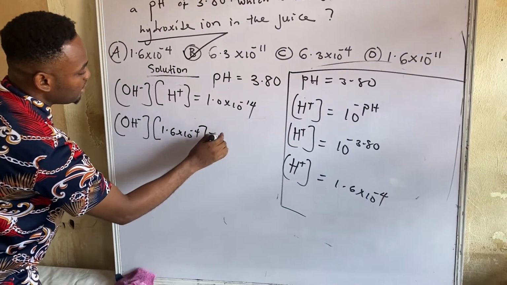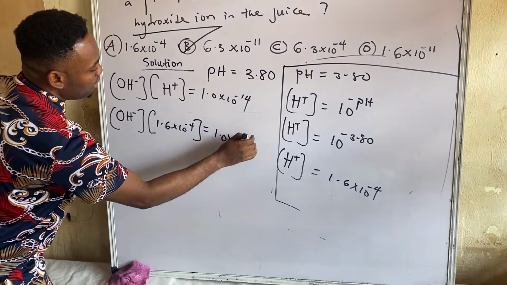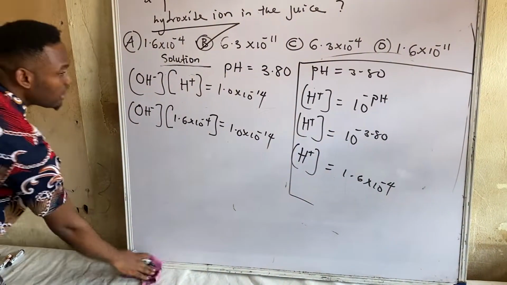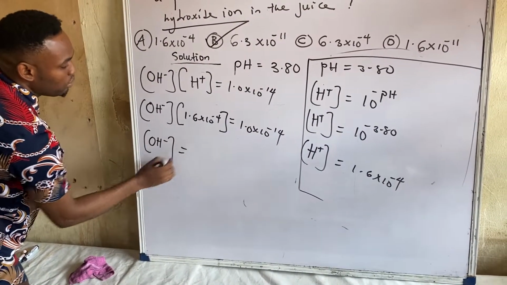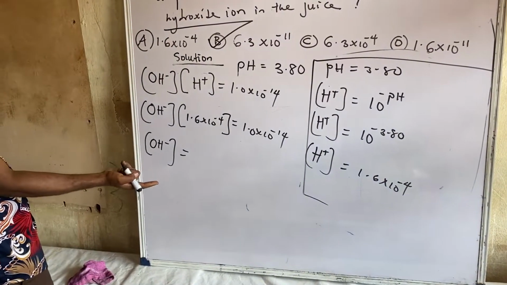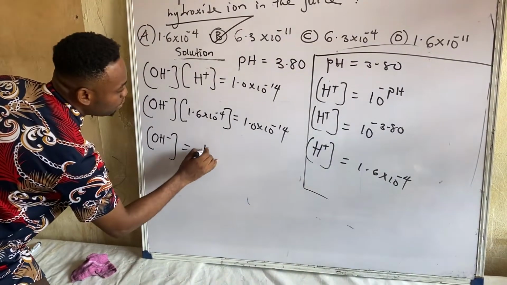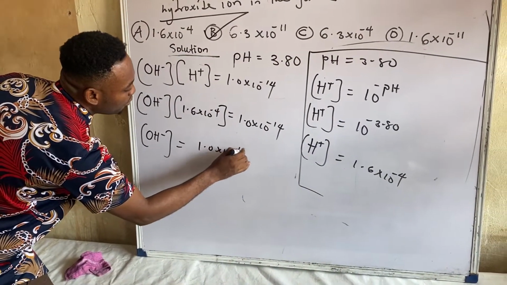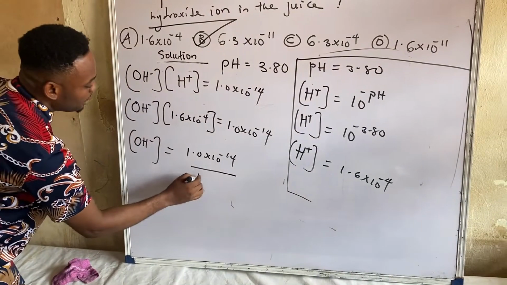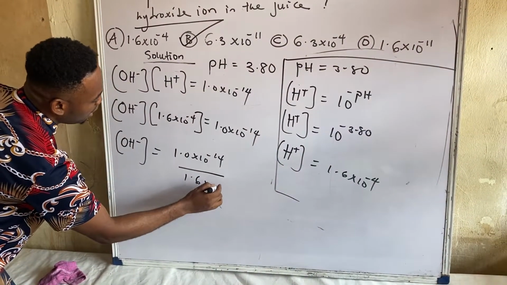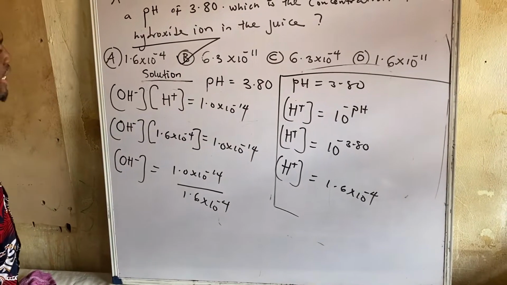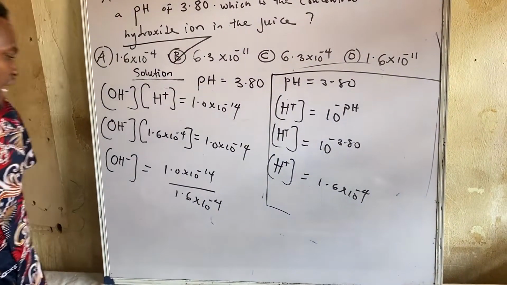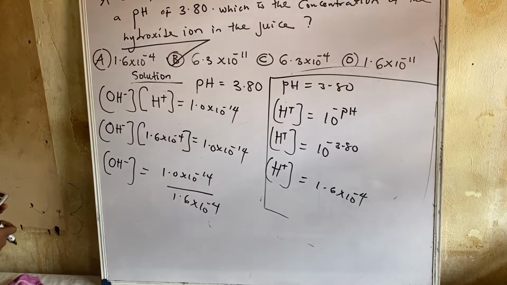So what will I get now? 1.0 times 10 to the power minus 14. Right? So what will be the OH minus now? OH minus concentration will be equal to 1.0 times 10 to the power minus 14 divided by 1.6 times 10 to the power minus 4. When we do this successfully, we will get the answer. So you can check that.